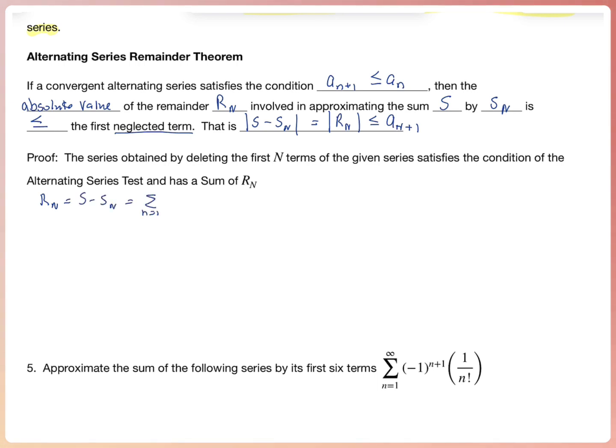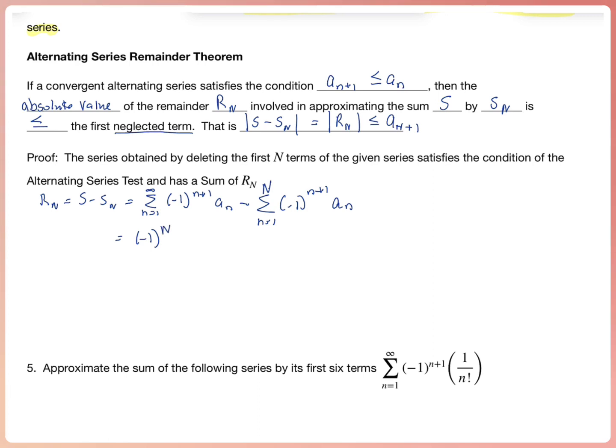So we're going to let r sub n equal S minus S sub n, our partial sum, which is equal to the summation of n equals 1 to infinity of negative 1 to the n plus 1 of a sub n, minus the summation of n equals 1 to n, that's the partial sum, of negative 1 to the n plus 1 of a sub n.